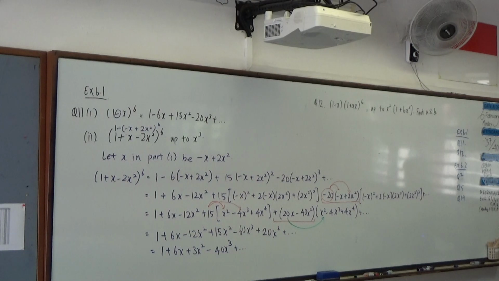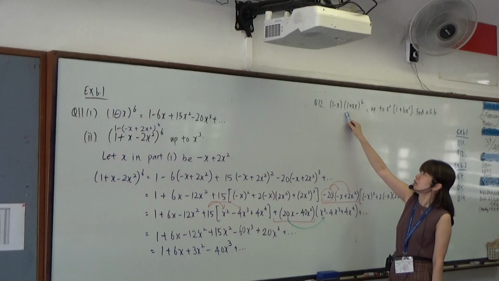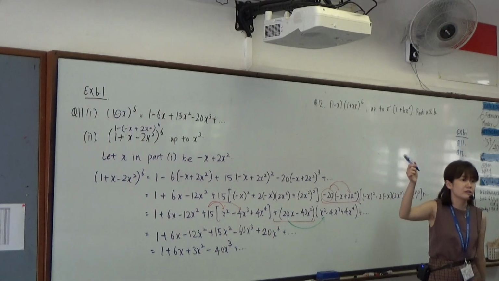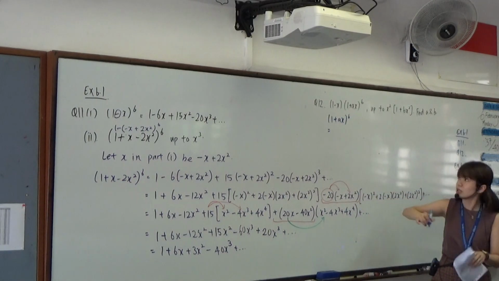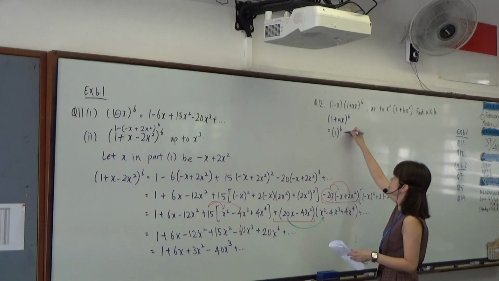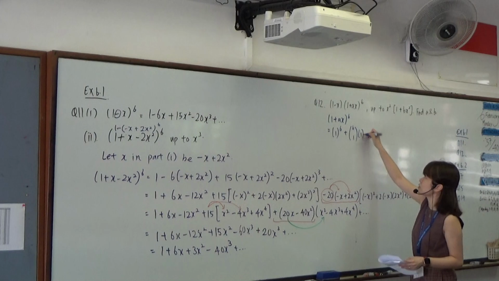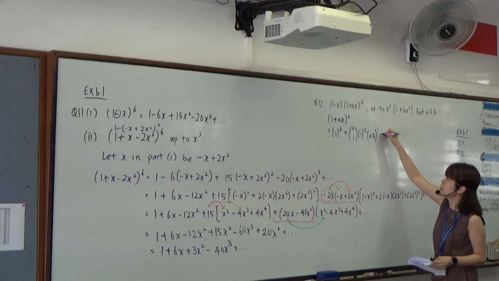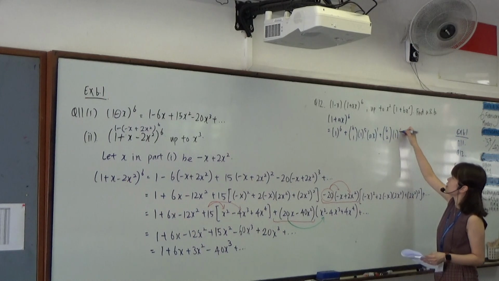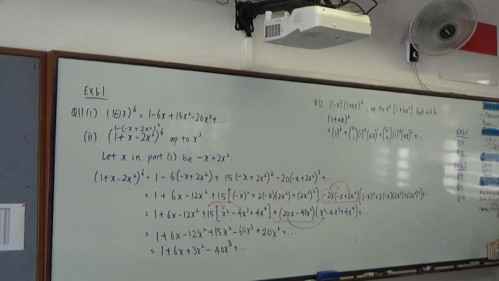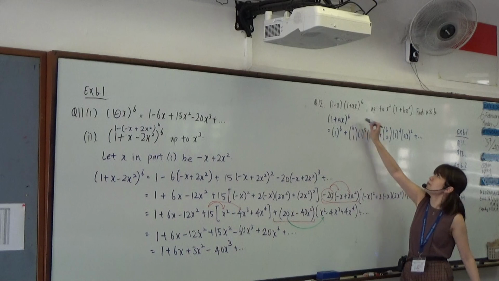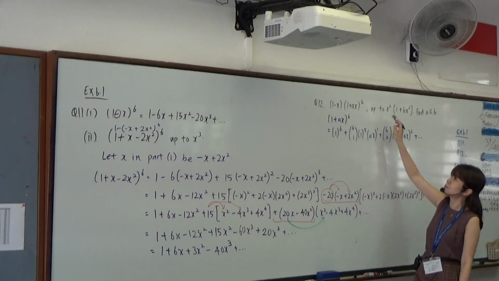So what we'll do is to also strategize how we go about expanding. Because we have up to power of 6 here, I'll expand it in ascending orders of x. Just look at this expansion first. Using our formula, 1 to the power of 6 plus 6 choose 1, 1 to the power of 5, ax to the power of 1, plus 6 choose 2, 1 to the power of 4, ax to the power of 2. We only need to expand up to here, because you're trying to expand this whole thing up to x squared.